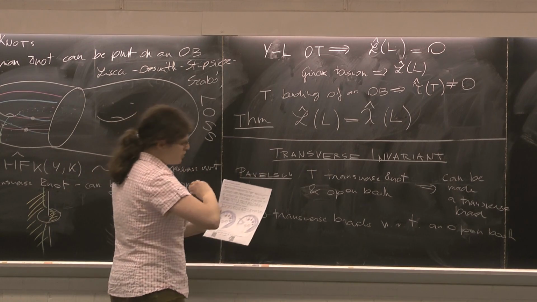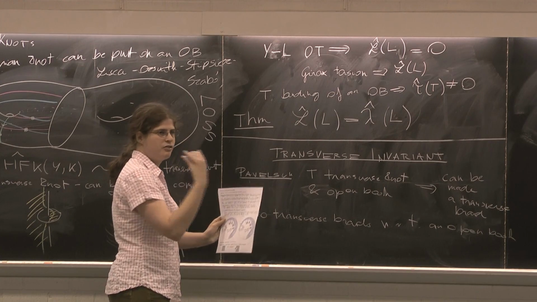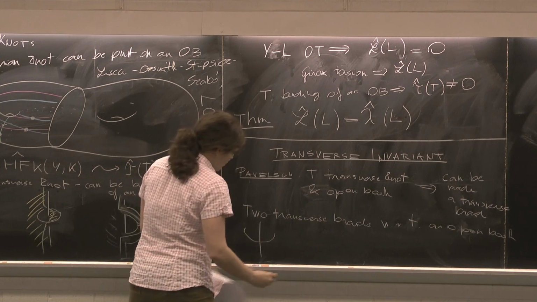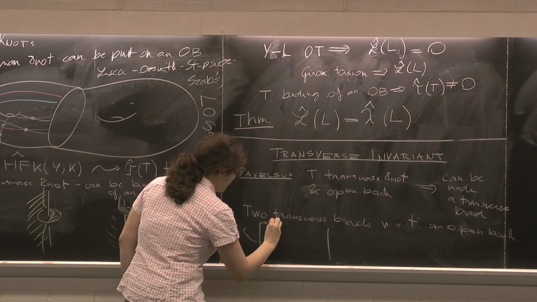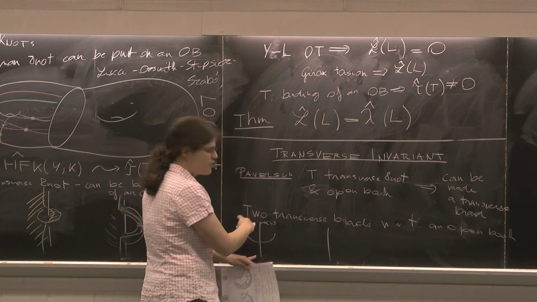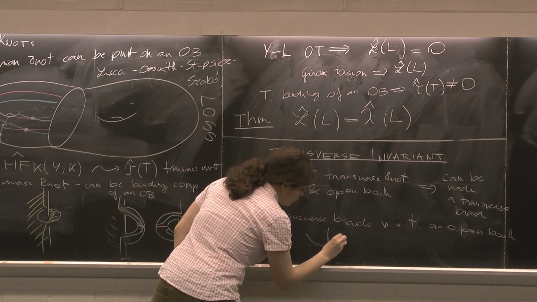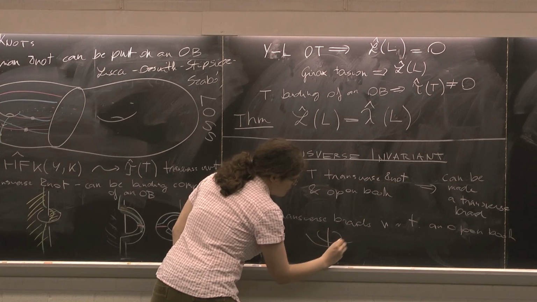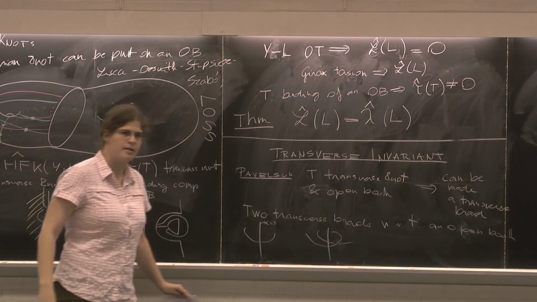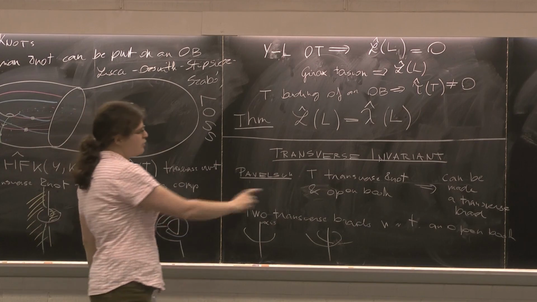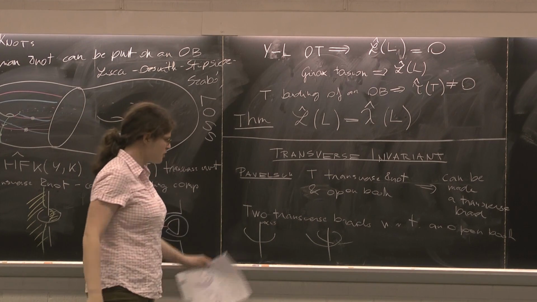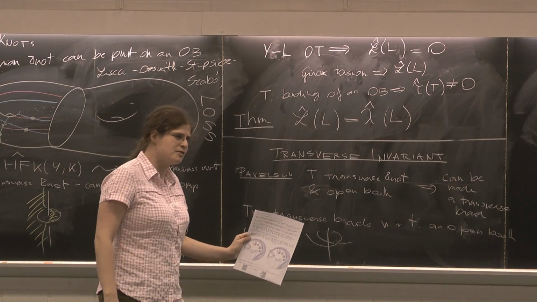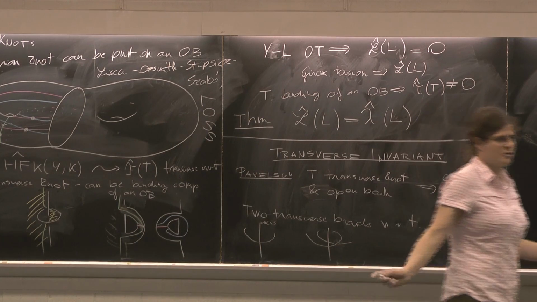So one of them is just conjugation, that you cut the braid in a different part, and the other one is that you have a braid here. So this is the axis, and this is the one component of the braid. This is again a local picture. Then you can make an extra crossing and do it again. But this crossing has to always be positive because it has to remain transverse. So any two transverse braids describing the transverse knot are related by this type of moves. This is called, unfortunately, again positive stabilization of something else, which is a braid right now.